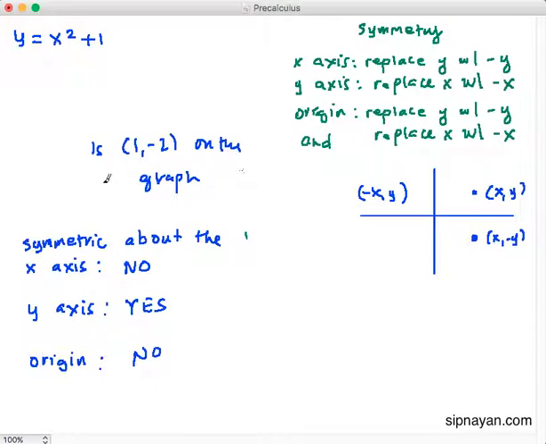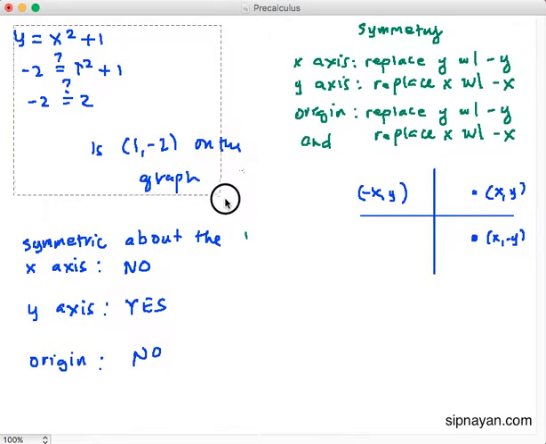So, y is negative 2 equals x squared plus 1, with x equal to 1: 1 squared plus 1. Is negative 2 equal to 2? No, it's not equal. So, therefore, this point is not on the graph, and therefore it is not symmetric about the x-axis. The same with the origin: you have to check if negative 1, negative 2 is on the graph, and you'll see that it isn't. So that's one strategy.